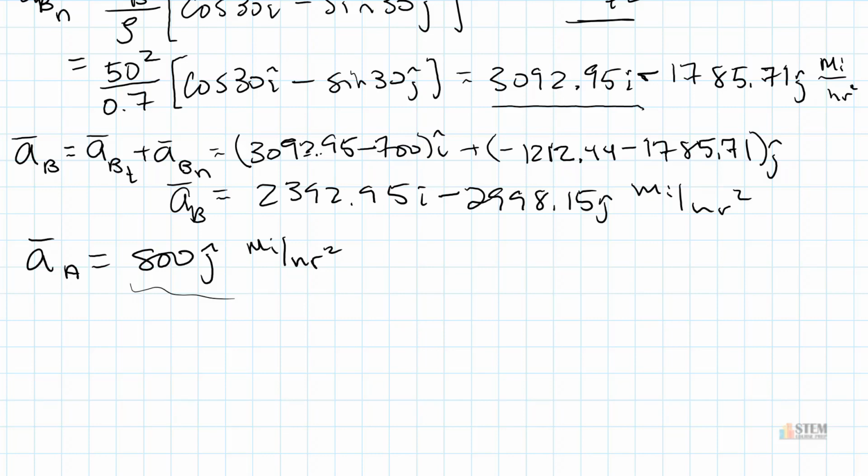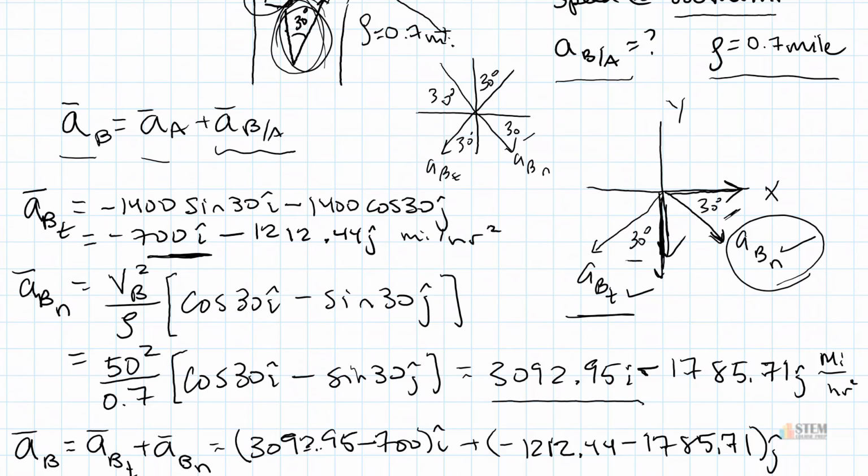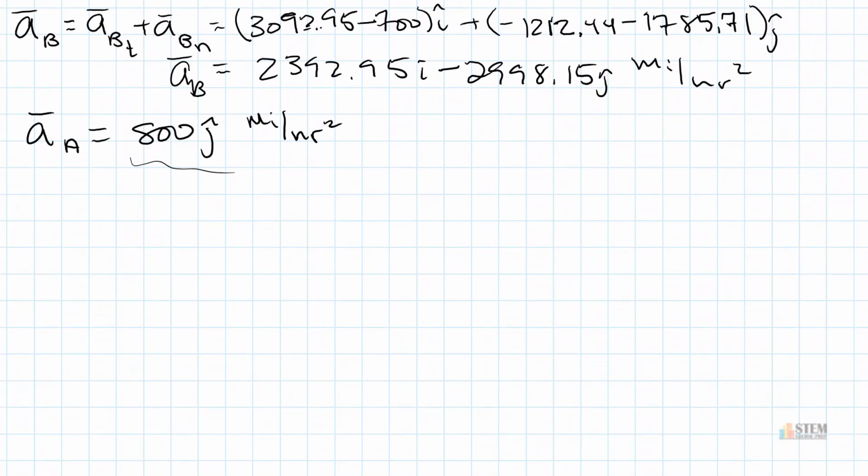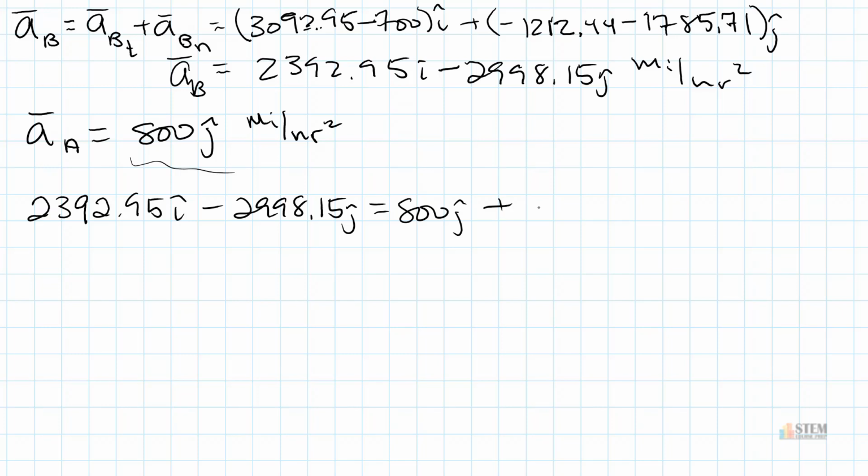So now we can go ahead and go back to this equation right here, plug everything in. Okay, so acceleration of B goes on the left. So we're going to have 2392.95 I minus 2998.15 J. We're going to set that equal to 800j plus acceleration of b relative to a.